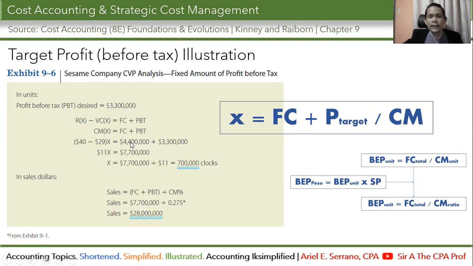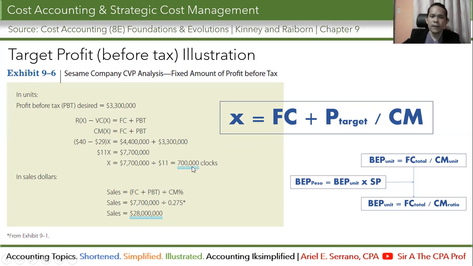Gamit lang po natin yung previous illustration, niro-roll over lamang natin siya, at i-roll over natin ito sa mga susunod na illustrations. So 4.4 plus 3.3, ang numerator ko sa taas is 7.7. Pag divide natin yan sa 11, we will get 700,000 units.